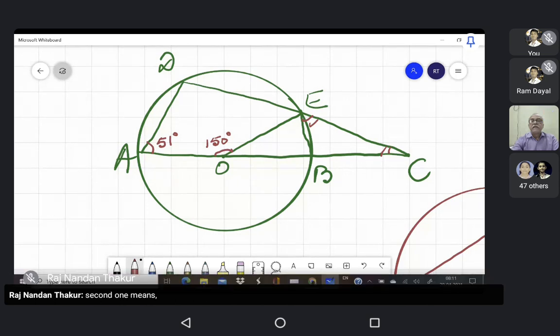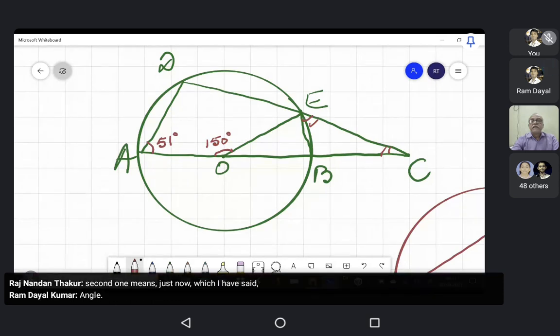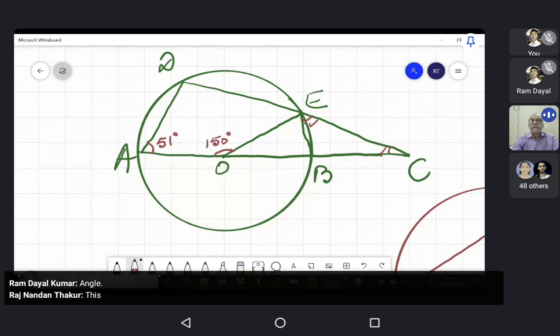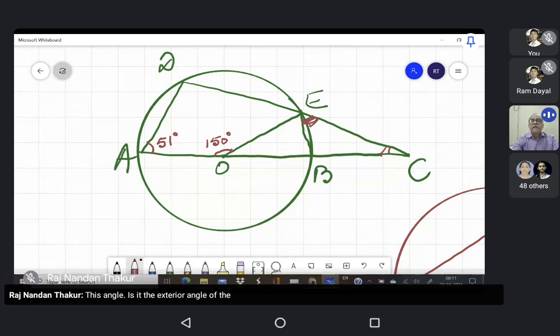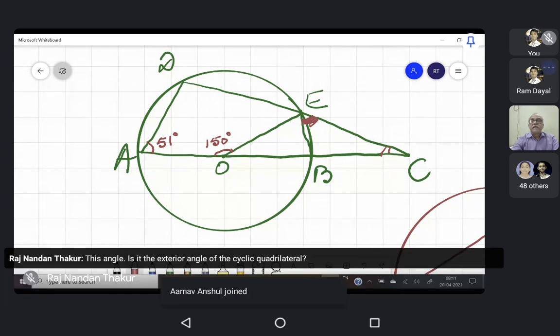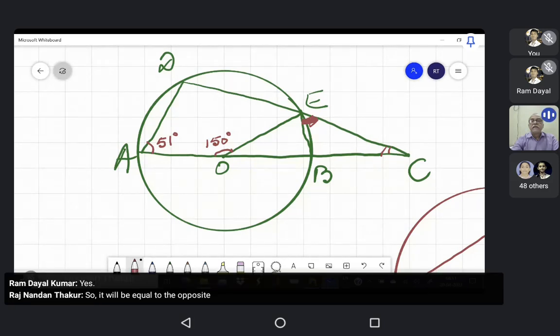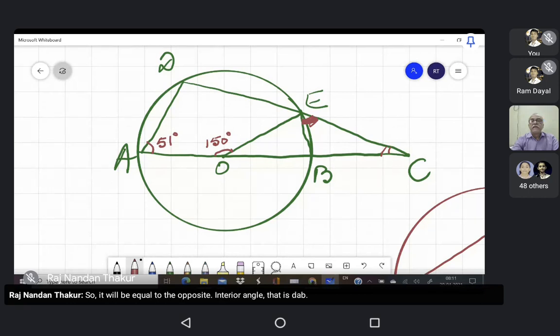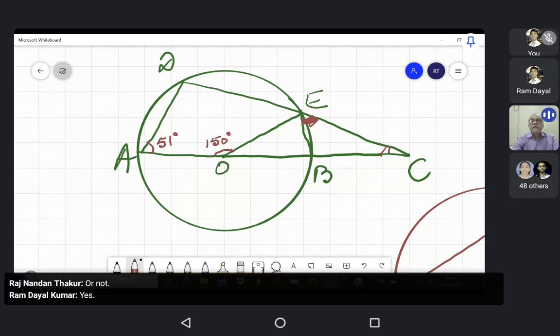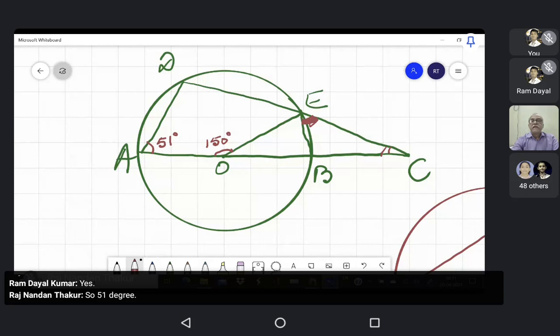This angle, is it the exterior angle of the cyclic quadrilateral? Yes, sir. So it will be equal to the opposite interior angle, that is DAB. So 51 degree.